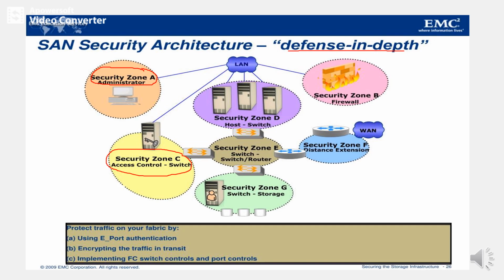Traffic on the fabric may be protected using port authentication, for example E-port authentication, or we can go for encrypting the traffic or data before transmitting it to the target device. We can also consider FC switch controls as well as port controls. So we'll take them in detail.